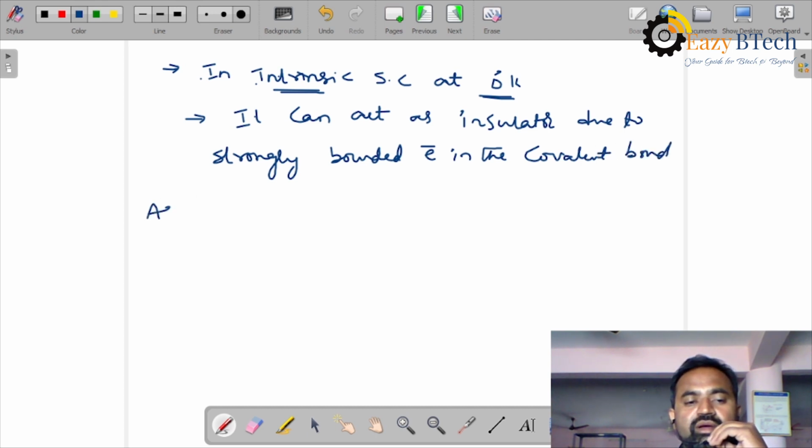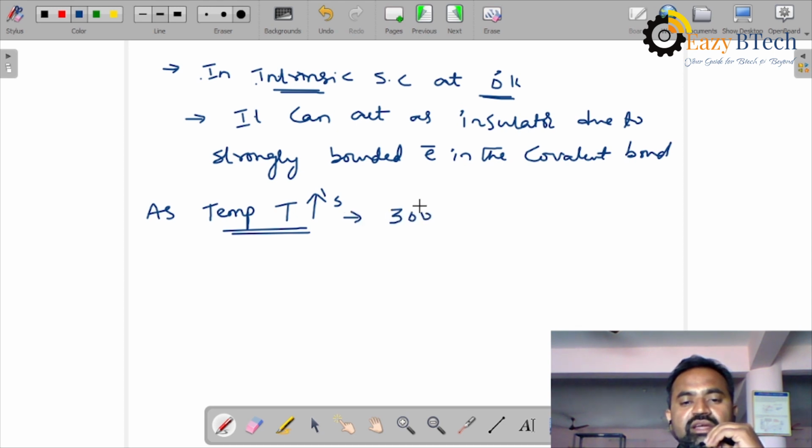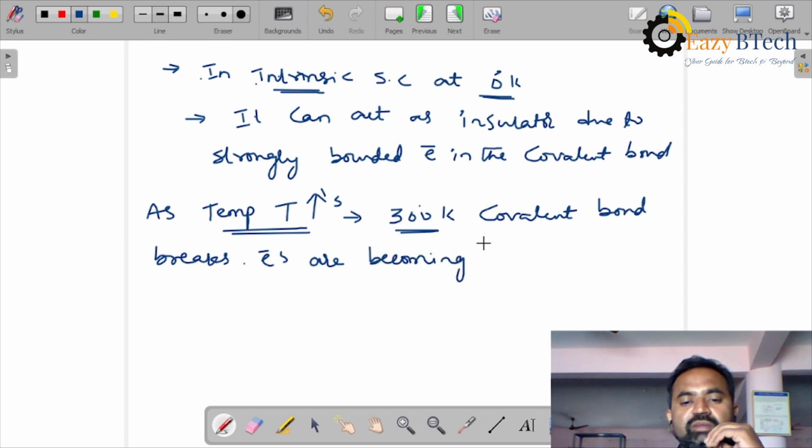Okay. As temperature increases, that is at 300 degrees Kelvin, the covalent bond will break. Electrons become free electrons, which leads to conductivity.